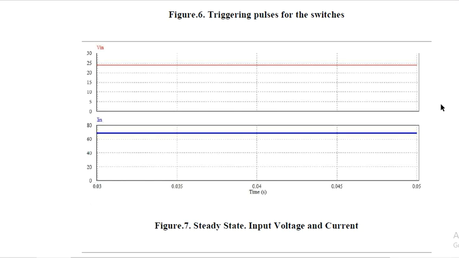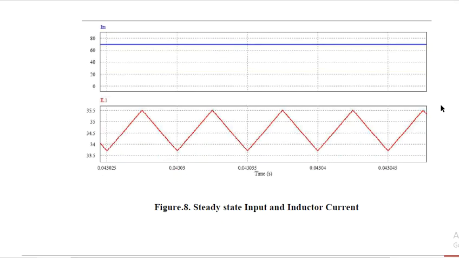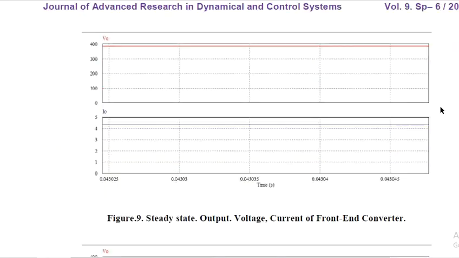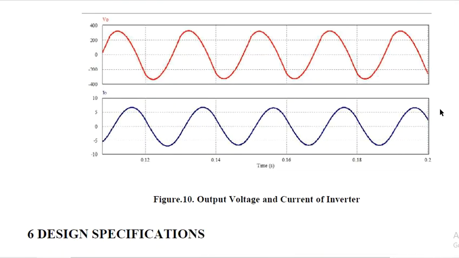These are the steady state input voltage and current, the steady state input and inductor current, the steady state output voltage and current of the front end converter, and the output voltage and current of the inverter.